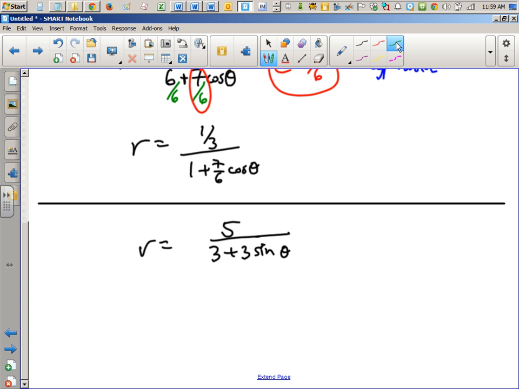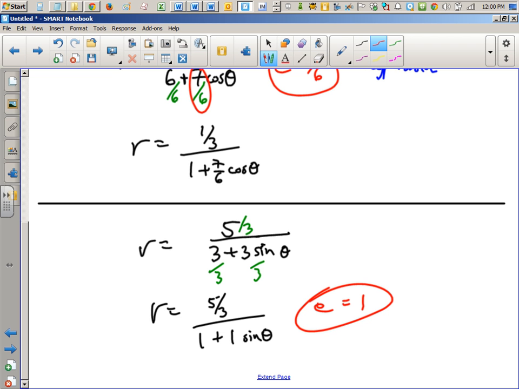You're going to want to divide everything by what? 3. That, of course, includes the top. Ooh, so what's my eccentricity on this problem? Eccentricity is 1. Yes. Which means it's actually a what? If you look back in your notes. It's actually a parabola.